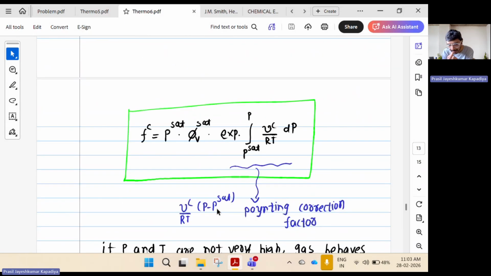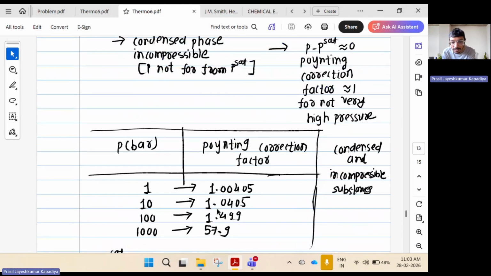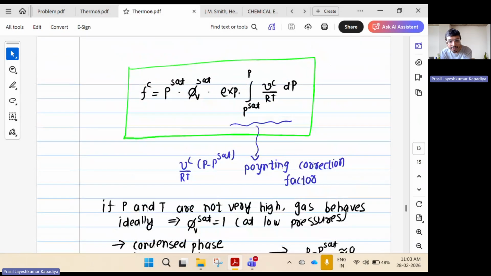When we are dealing with very low pressure, then this Poynting correction factor is going to be approximately 1. And when we are dealing with very high pressures, then we need to incorporate this Poynting correction factor. And at very low pressures, phi V set will also be equal to 1. This term will also be equal to 1. So we'll only be left with fugacity of condensed phase equal to vapor pressure.